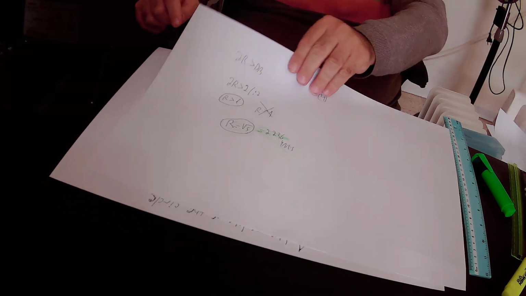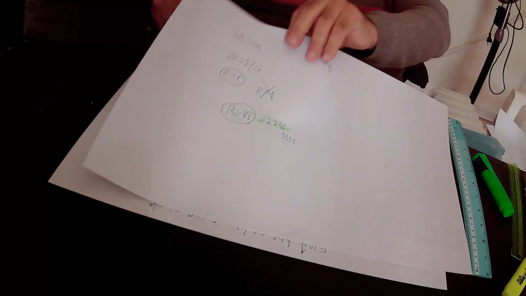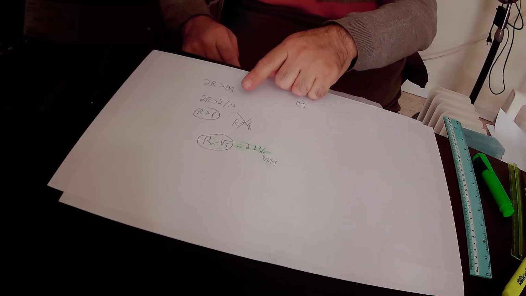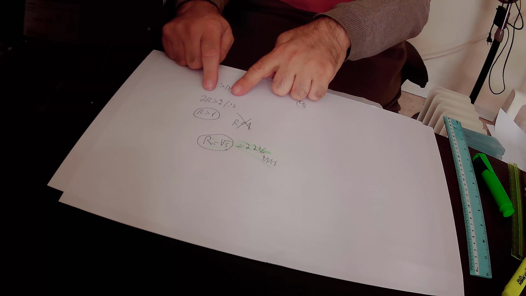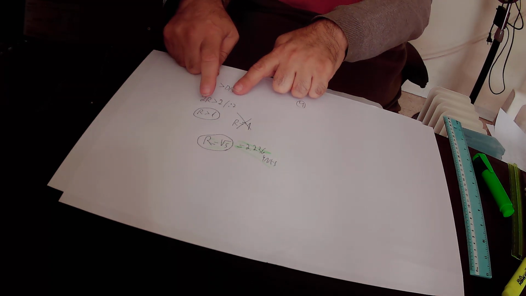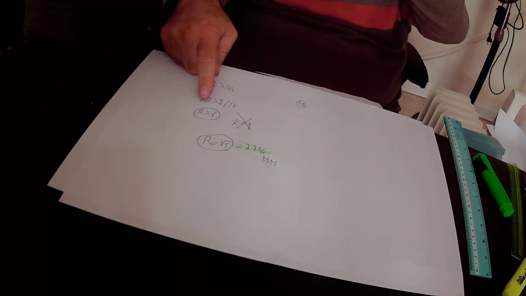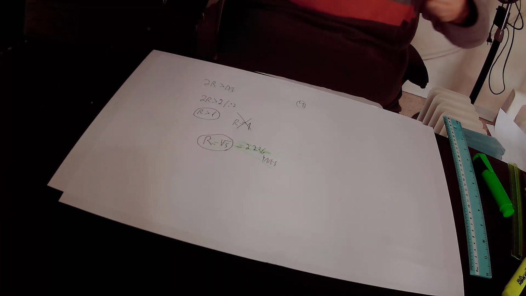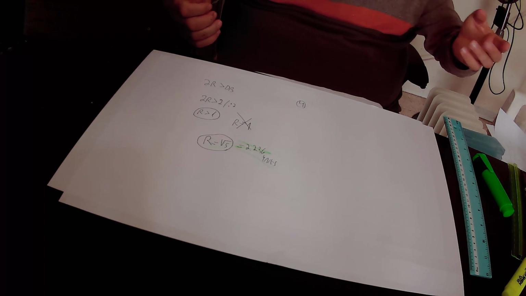But it is given in the question that DB equals 2 units, so we substitute DB by 2 and find that 2r is greater than 2. We divided this inequality by 2 and found that 2r over 2 is r and 2 over 2 is 1. So r, the radius of our circle, must be greater than 1 unit.